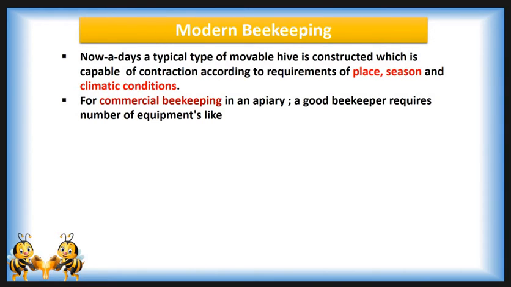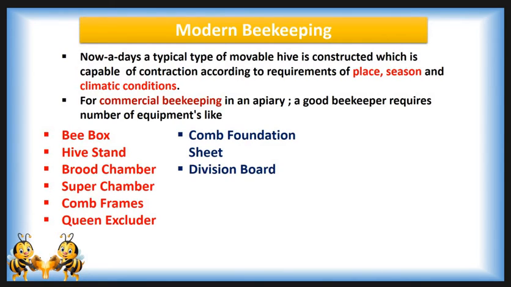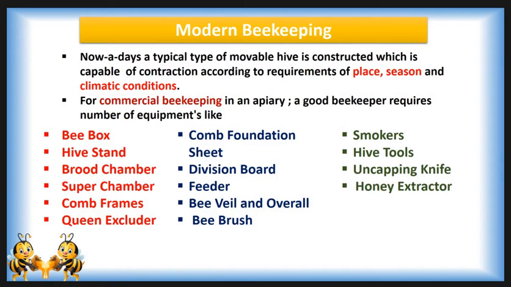For commercial beekeeping in an apiary, a good beekeeper requires a number of equipments like bee box, hive stand, brood chamber, super chamber, comb frame, queen excluder, comb foundation sheet, division board, feeder, bee veil also called overall, then bee brush, smoker, hive tool, uncapping knife, honey extractor, queen cage, and swarm trap.